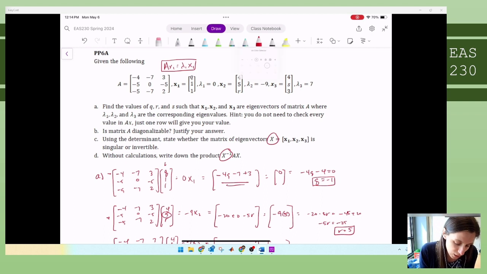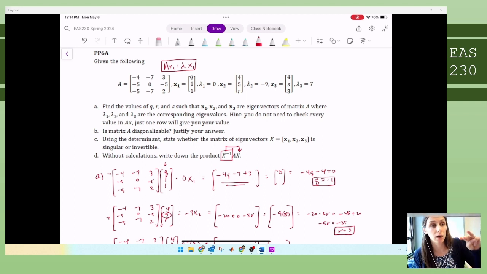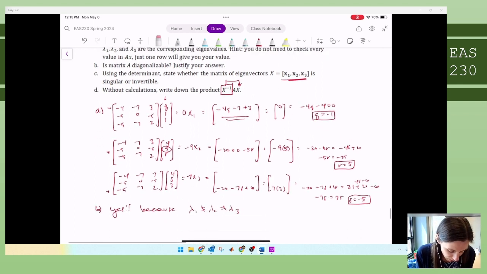And I know this is what we're going after when it comes to diagonalizability. Can we get x inverse? In order to get x inverse, x needs to have 3 independent vectors, because our determinant can't be 0, which means these 3 vectors need to be different, which means they need to have 3 different eigenvalues.